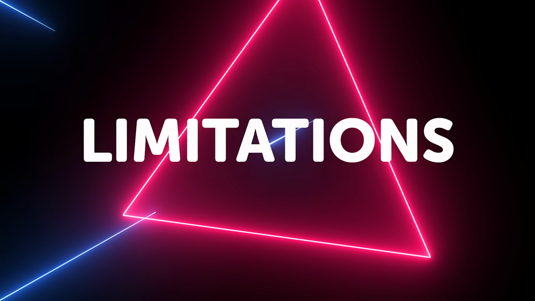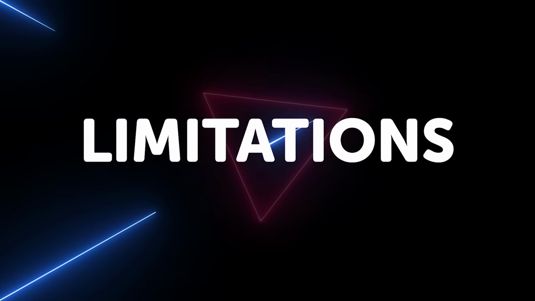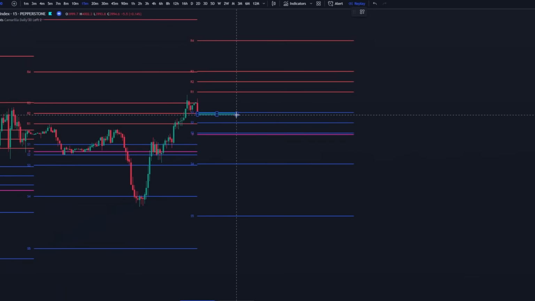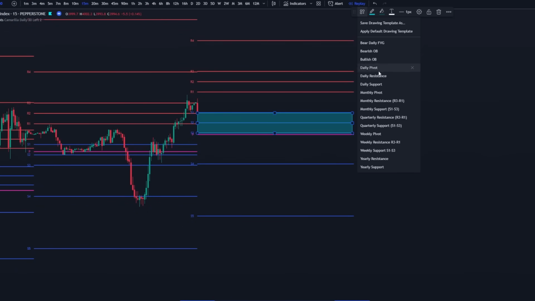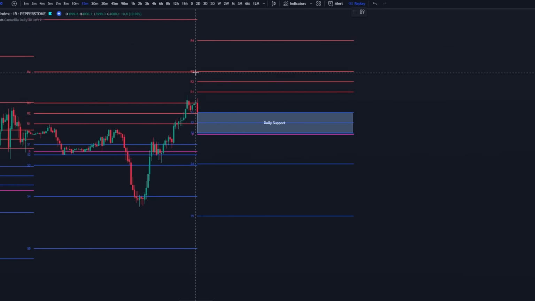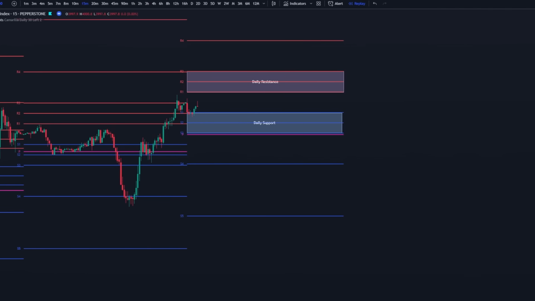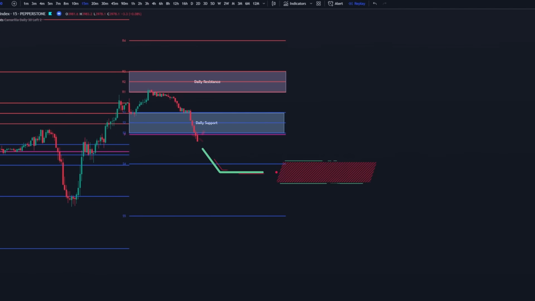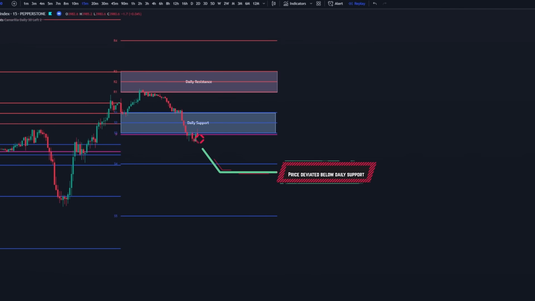So now you may be thinking that this is an excellent indicator, but let's go through some limitations of pivot points. It's important to acknowledge that utilizing pivot points on a chart does not guarantee that the price will halt, reverse, or even reach the designated levels. These levels are determined by analyzing past price action and merely offer a prediction of where the price may head.